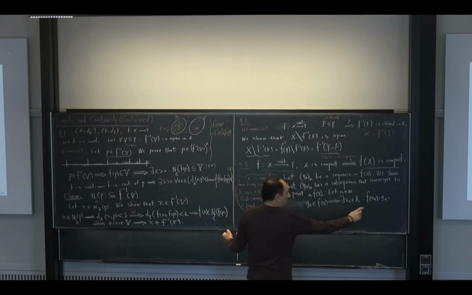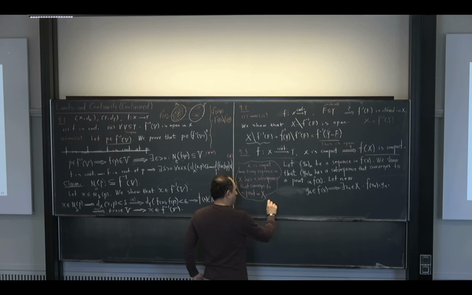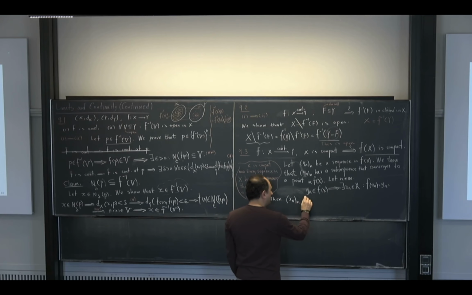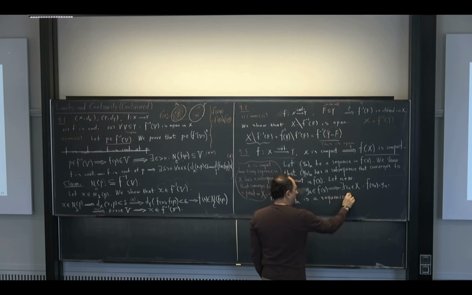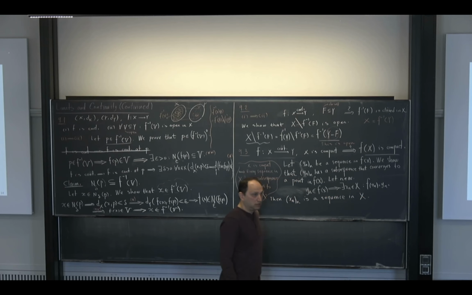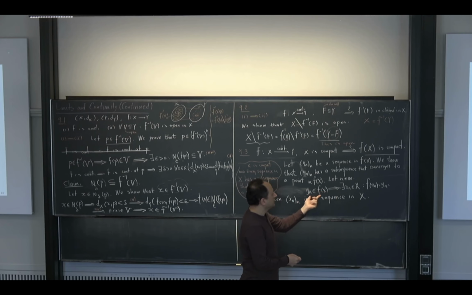Okay. And now what happens? Therefore, x sub n is a sequence in what? In x. Do you agree? Because you gave me a sequence, I tried to find an element in x so that f of xn is equal to yn.